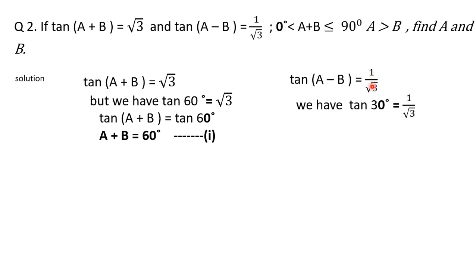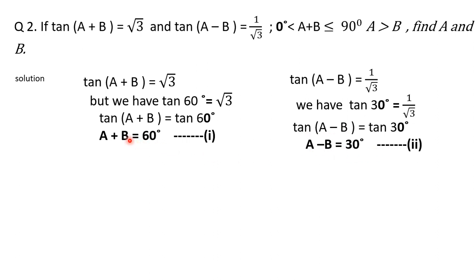We know that tan 30 degree is 1 upon root 3. Now we can write the transformation of the problem, tan a minus b is equal to tan 30 degree. Here again, on both the sides the trigonometric ratio tan is the same, that is the angles are also the same, so we can take a minus b is equal to 30 degree. This is equation number 2.